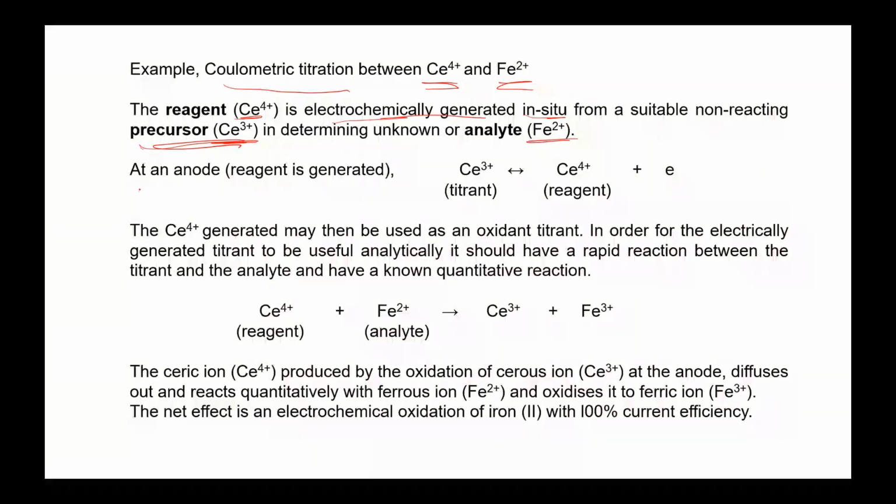At the anode, in the system, cerium 3 in the reservoir is not the reagent; it is the precursor. It will oxidize to the reagent, which is cerium 4 plus. The cerium 4 plus generated will be used as oxidant titrant. In order for an electrically generated titrant to be useful analytically, it should have a rapid reaction with the analyte.